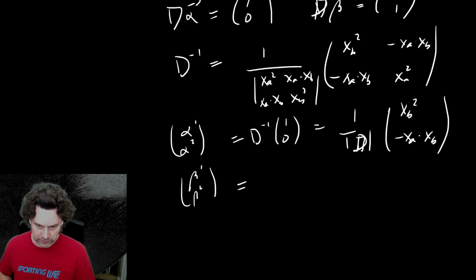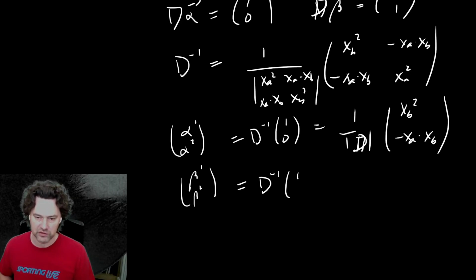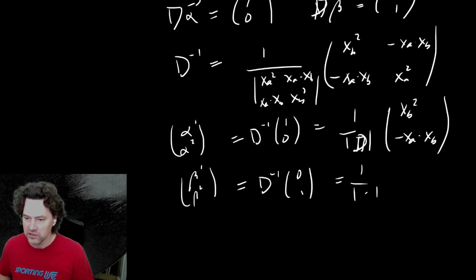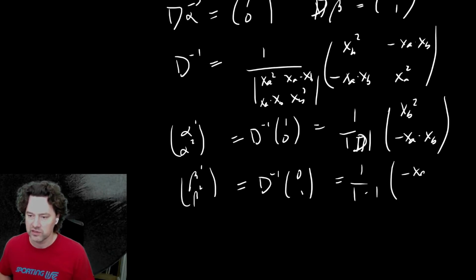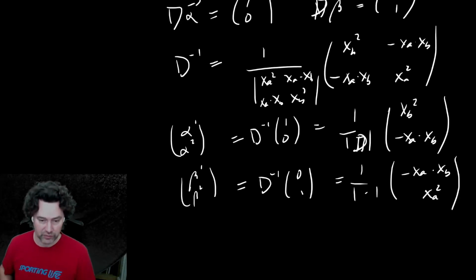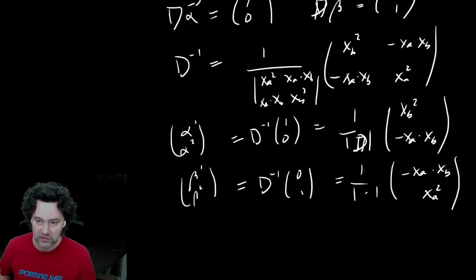And here we have D inverse times 0, 1. Just going to pick up the second column, 1 over the determinant times minus xa dot xb, xa squared. All right, so now we can write out our reciprocal vectors.